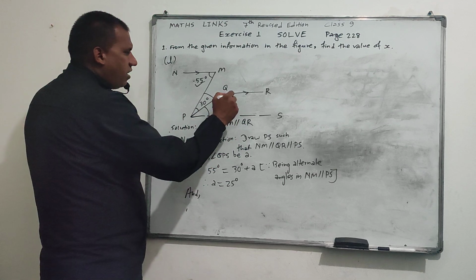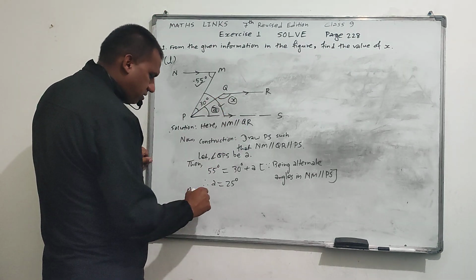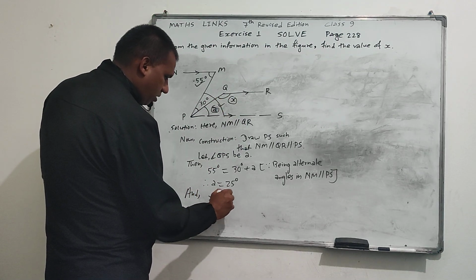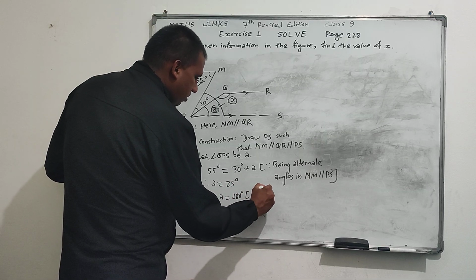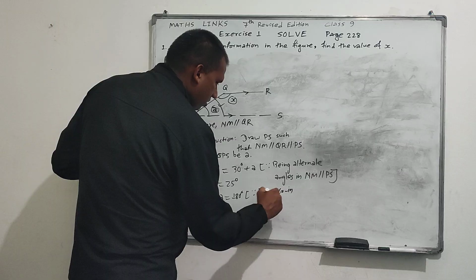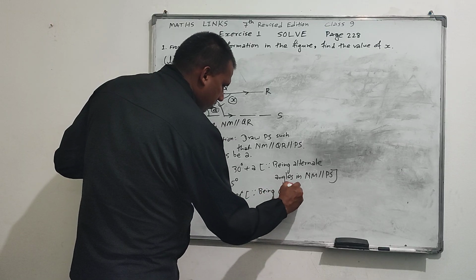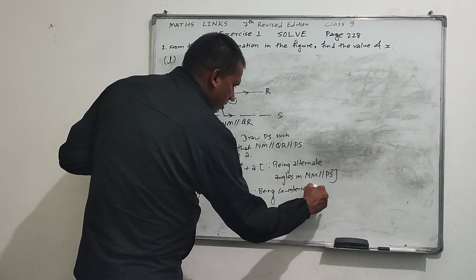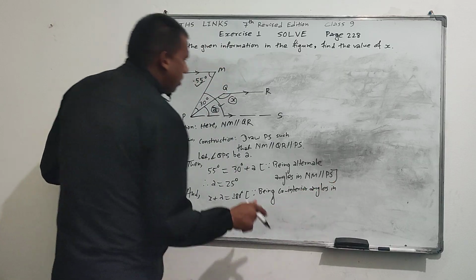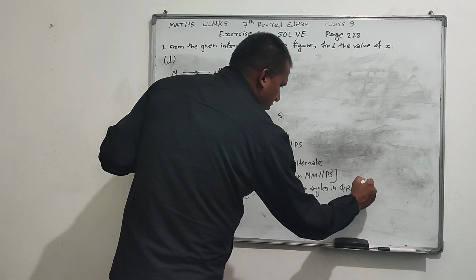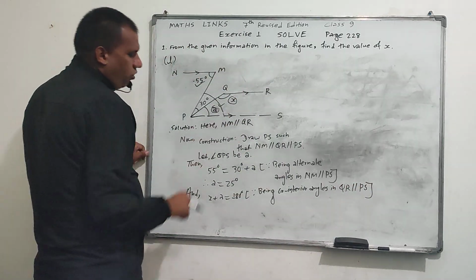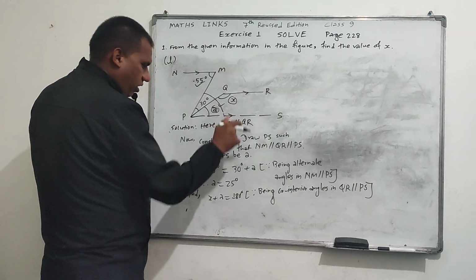And x and A are co-interior angles. So x plus A equals 180 degrees, being co-interior angles in QR parallel to PS.